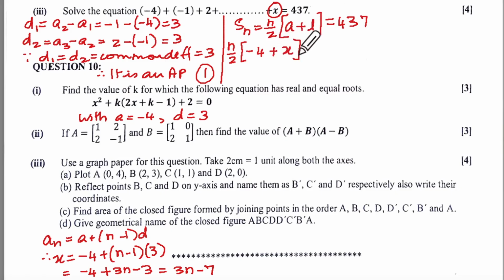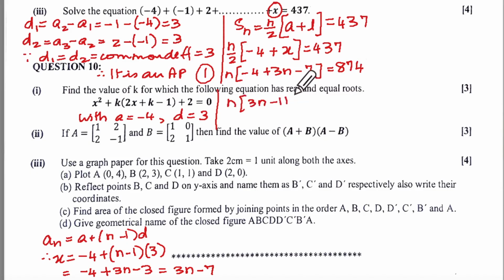I'm writing x first and writing over here 437. Now this 2 multiplies here. So n into bracket minus 4 plus 3n minus 7 is equal to 874, correct? Yes, miss. So n into bracket 3n minus 11 is equal to 874.